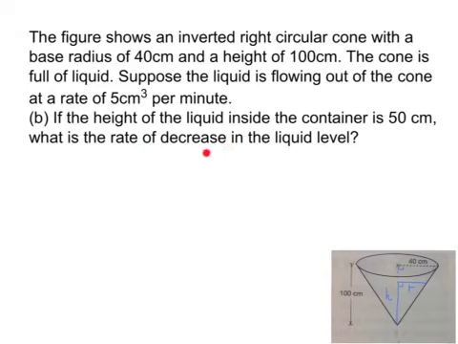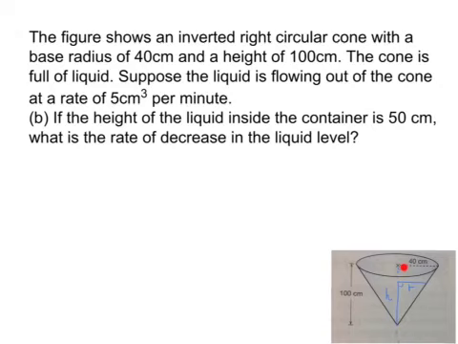Rate of change, that means it must be d something over dt, right? Because it's a speed out of some time, right? Okay? d something dt, okay? That's an indicator. Now, that's the rate of change in what? Liquid level. What is liquid level? Well, liquid level basically, as you know, is talking about the water level, which is H, right?